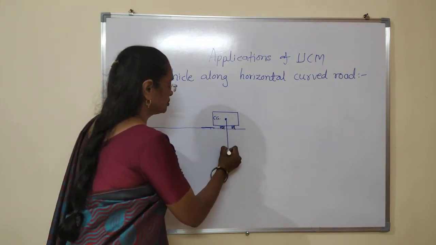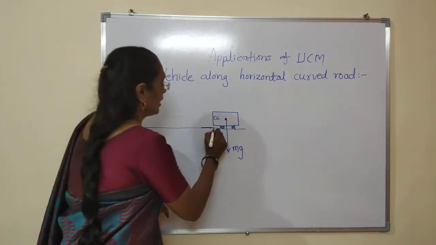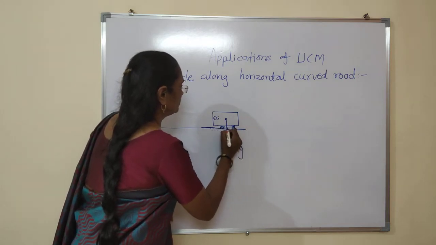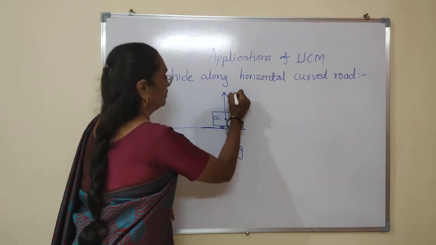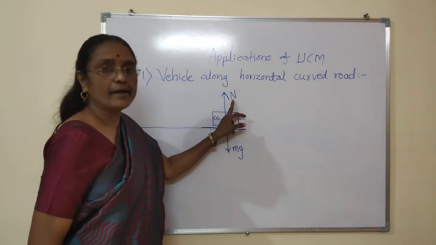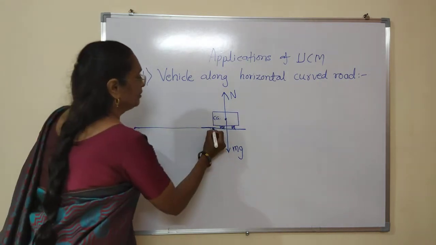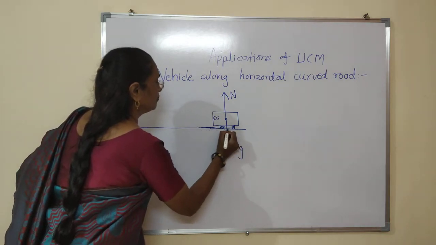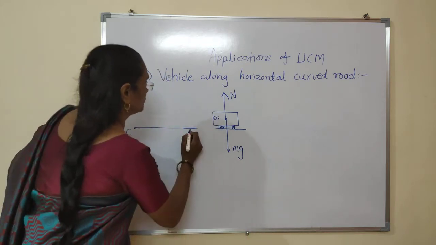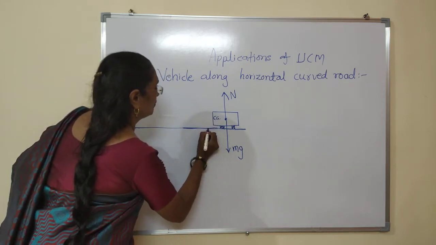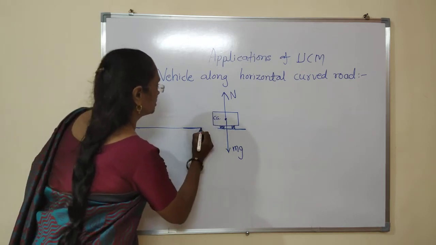The weight of the car is shown vertically downward, and the road surface exerts a normal reaction on the car, shown vertically upward and denoted by N. Here, when the road surface is in contact with the tire, there exists a force of static friction.